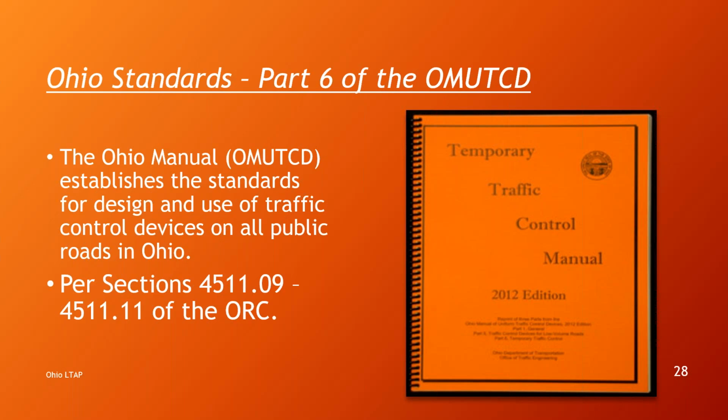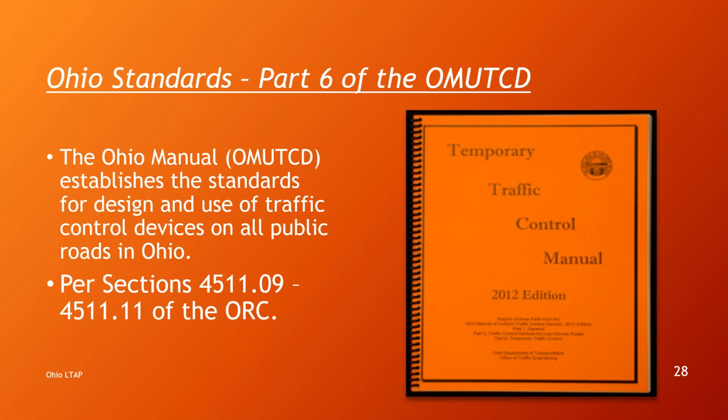Part 2 deals with your permanent roadway signs, like your stop signs and your signage for curves, like the advance warning sign for a curve, the big arrow in the curve, and the chevrons. Part 3 has to do with your pavement markings on the roadway.